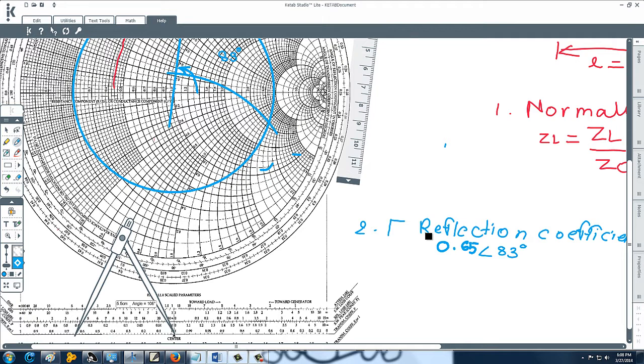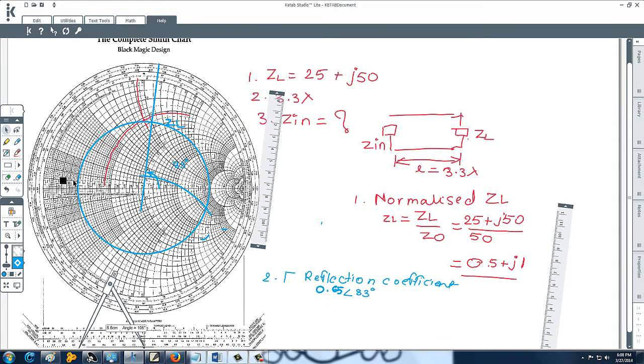Now we have to find the input impedance, and the transmission line length provided is 3.3 lambda. We know that when we move around the whole circle, it is 360 degree, and in the Smith chart it is written as lambda by 2, meaning 0.5 lambda.